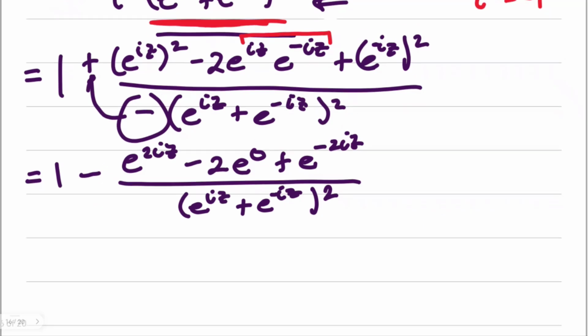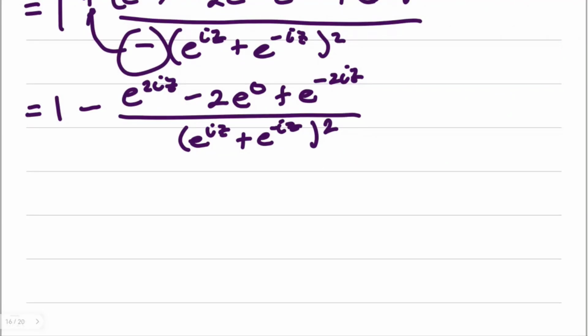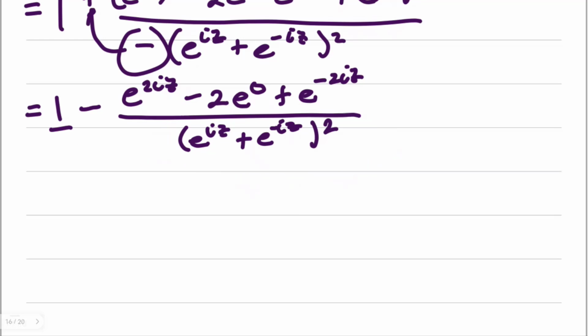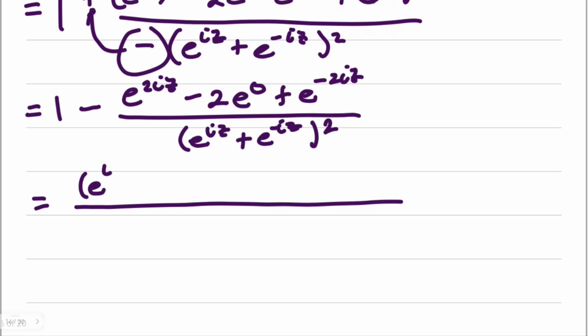Now, we would like to combine them into one expression, right? So what we need to do here is, of course, get the LCD. We know this is equal to 1, meaning this entire expression will be multiplied by 1 for our numerator. In short, you will have this form, e to the power of iz plus e to the power of minus iz, and you're squaring that, minus this entire expression.